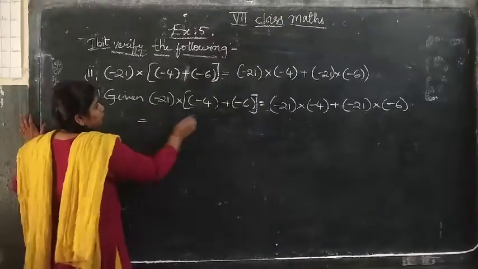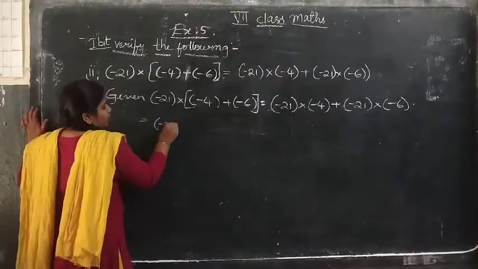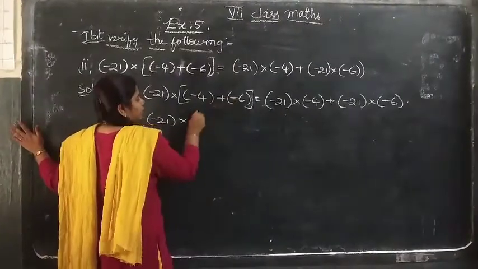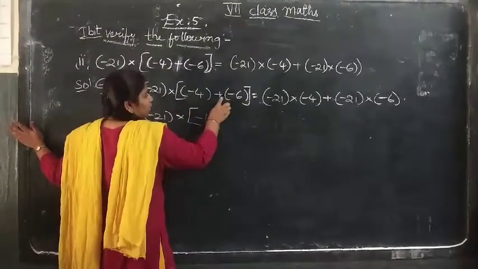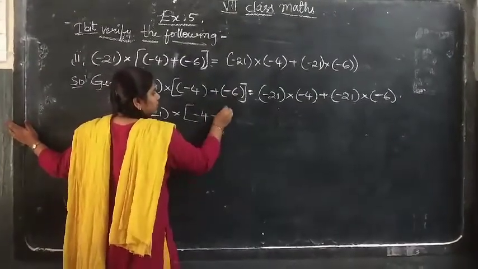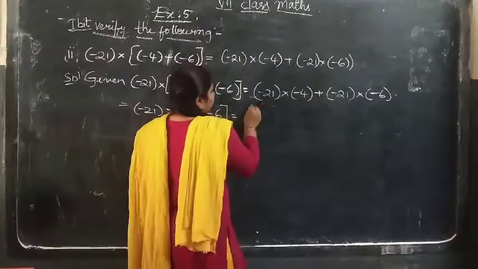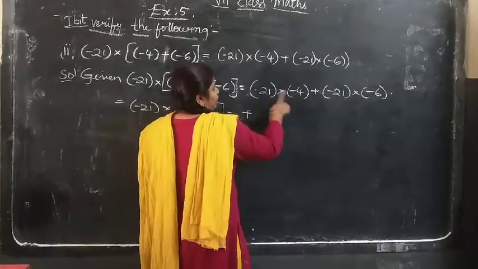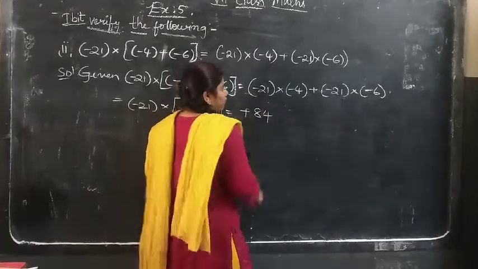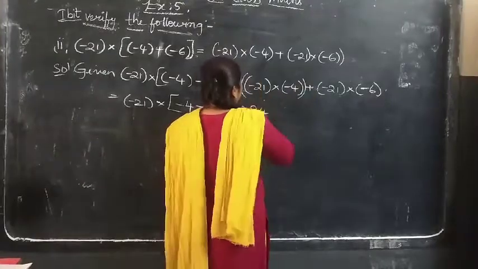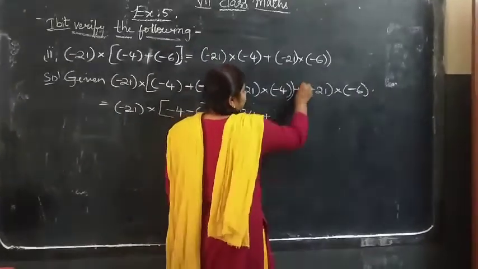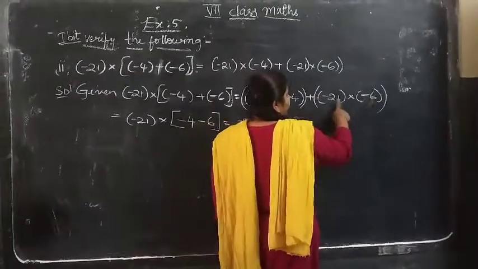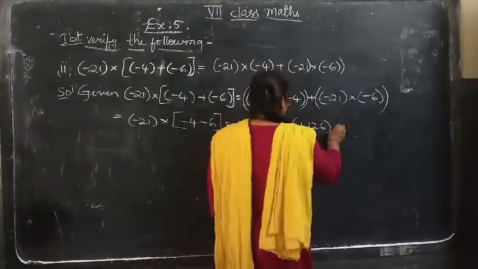Now solve the first bracket, you solve it. Minus 21 write as it is. Here it will be minus 4. Here we are seeing the double sign making into a single sign. That is minus 4 plus into minus is minus 6. Now minus into minus is plus. That means plus 21 fours are 84. Now plus minus into minus is plus 21 sixes are 126.